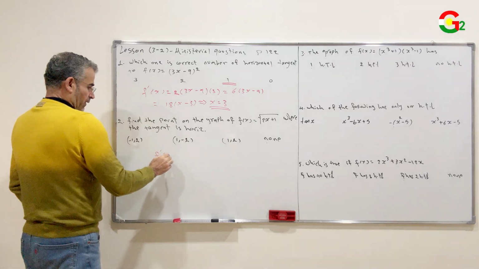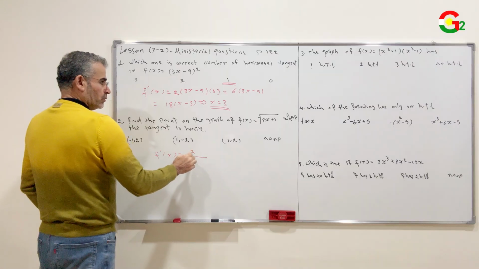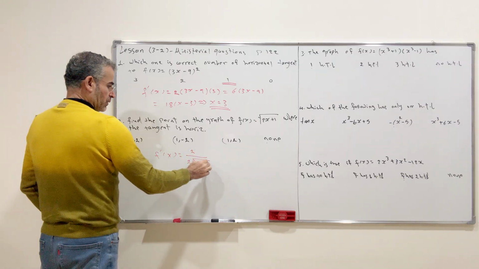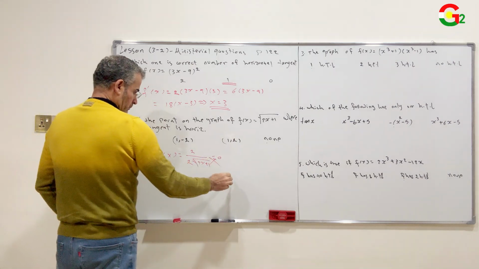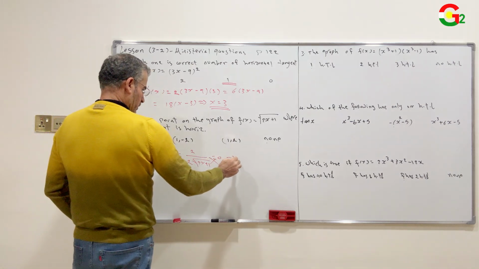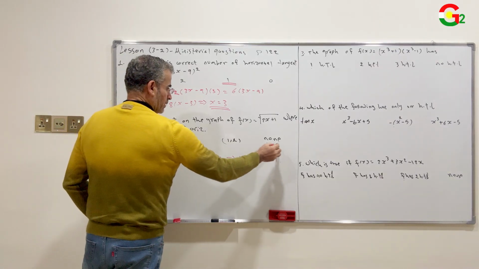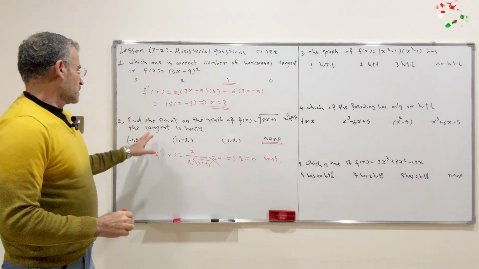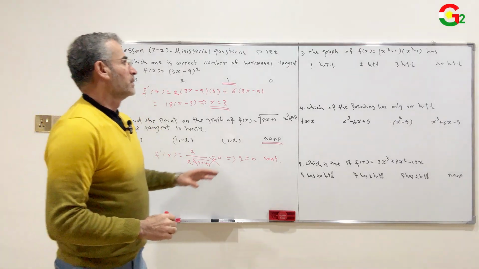F prime of x equals 2 over 2 square root of 2x plus 1. Set it to 0 and solve for x. Cross multiplication gives you 2 equals 0. Contradiction, there is no value such that the function has a horizontal tangent line.